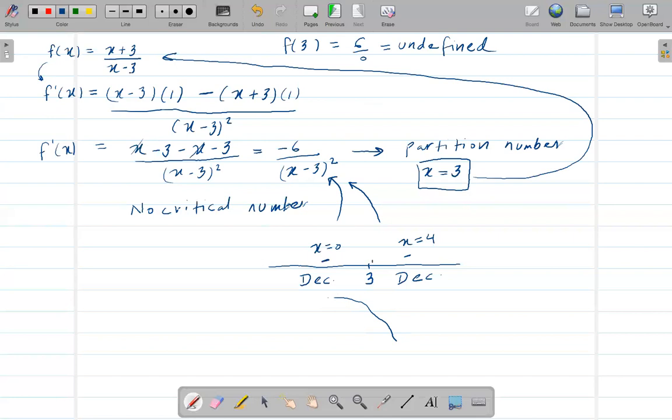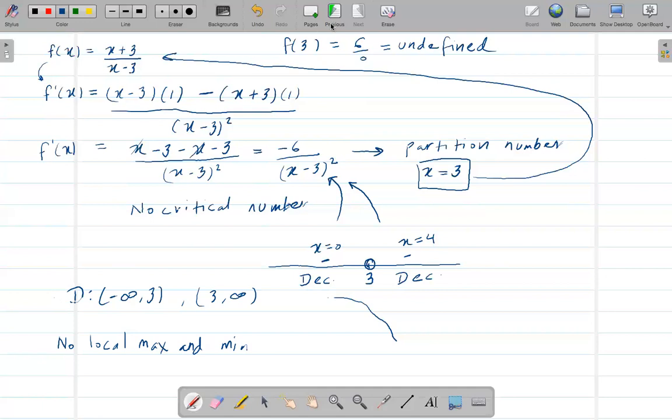And also, this point is not a critical number, so we cannot include this point. But anyway, we can say the decreasing interval is from negative infinity to 3, and also from 3 to infinity, right? And there is no increasing interval, so we don't have to do that, and no local max and min, right?